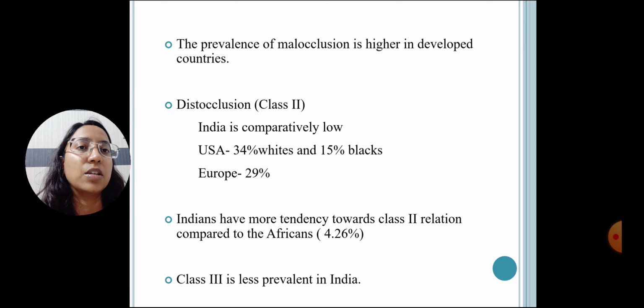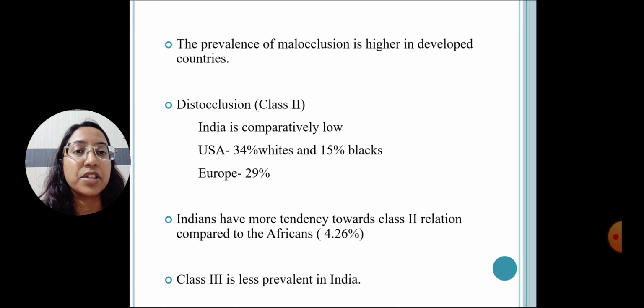If you see the prevalence of malocclusion in different countries, a common factor is the malocclusion prevalence is higher in developed countries. If we see class 2 malocclusion or distoclusion, in India it is comparatively low in comparison to USA, where 34% of white population and 15% of black population show class 2 malocclusion.